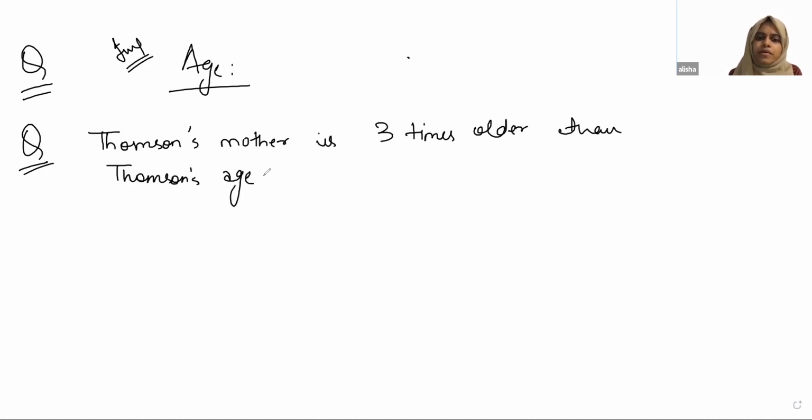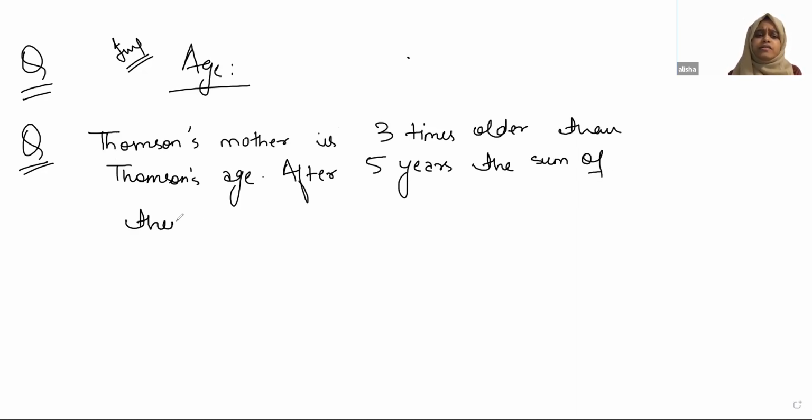Thompson's mother is 3 times older than Thompson's age. Is it okay, Sobhan? Yes. After 5 years, the sum of their ages is 66. Thompson's mother is 3 times older than Thompson's age. After 5 years, the sum of their ages is 66. Is it fine for you or not?